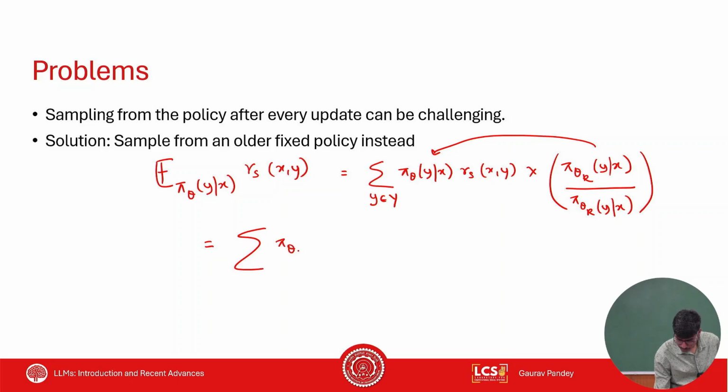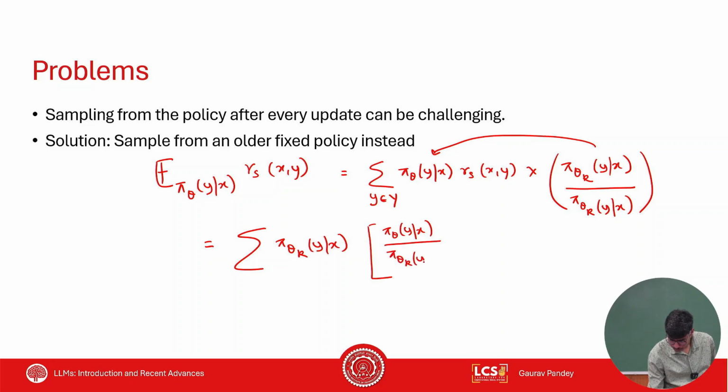So this will give me pi theta k of y given x, times pi theta of y given x over pi theta k of y given x, times the reward.